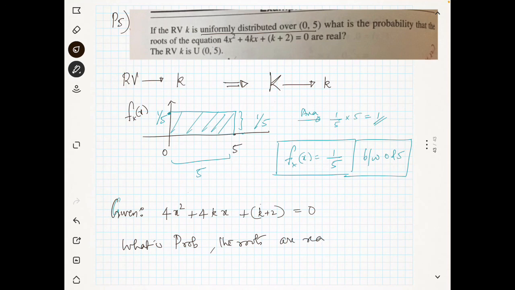You know the probability density function for k is already known. Then what is the probability that the roots are real? It's a very, very good problem.